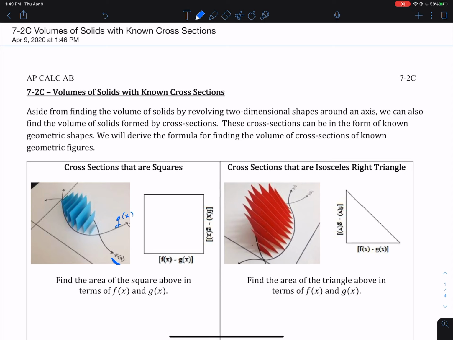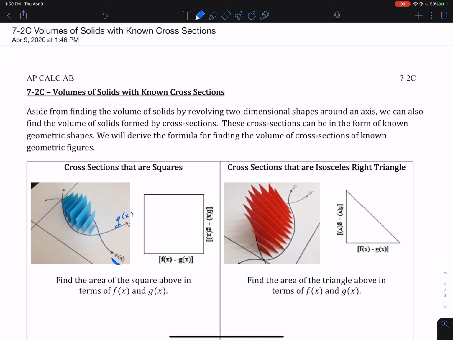But if the cross-section is a square, then in this picture the height of the square is protruding out above it. And that height is the same length as f of x minus g of x, the base, because the cross-section is a square. Okay, so I'm hoping that makes sense.